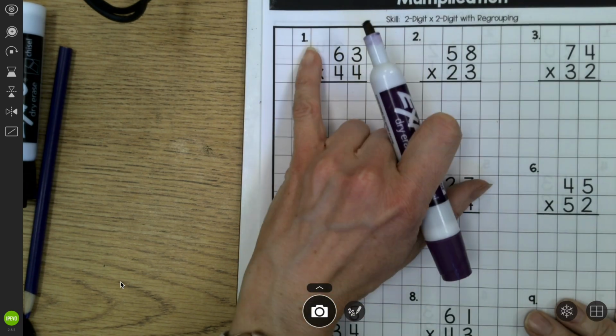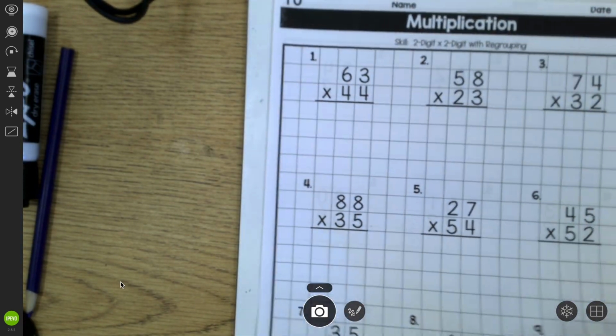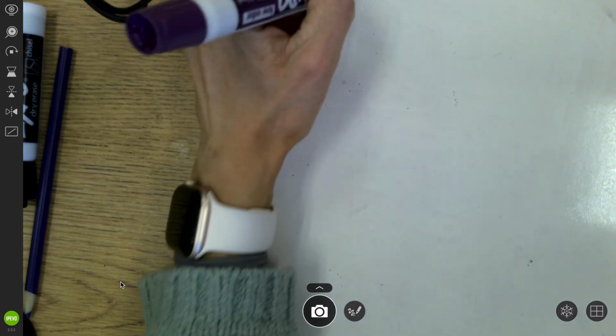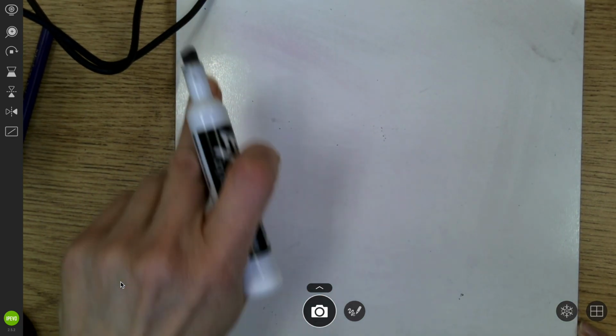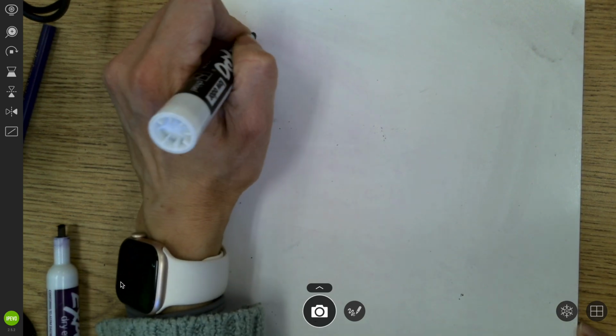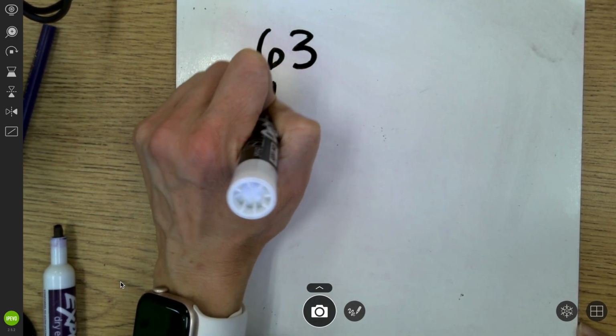Okay, so number 1, I'm going to do this on the board. 63 times 44, so I'm going to write that down. Let me do black. 63 times 44.